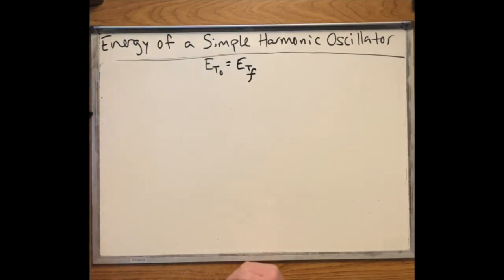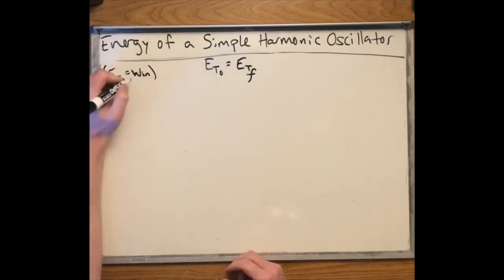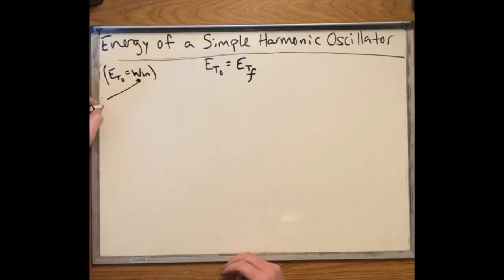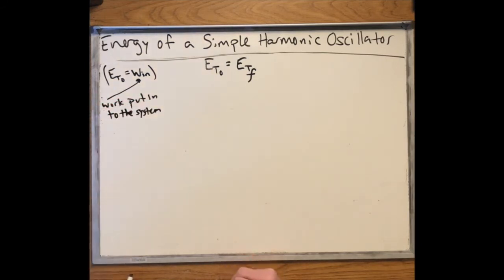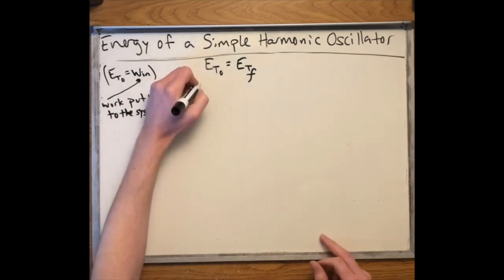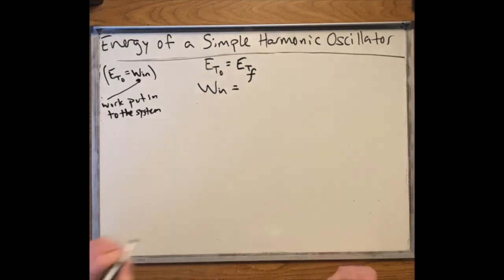Now, as we said a minute ago, the initial total energy in the system is going to be equal to the work you put into the system. I'll write here: work put into the system. So I can rewrite this part as work in.